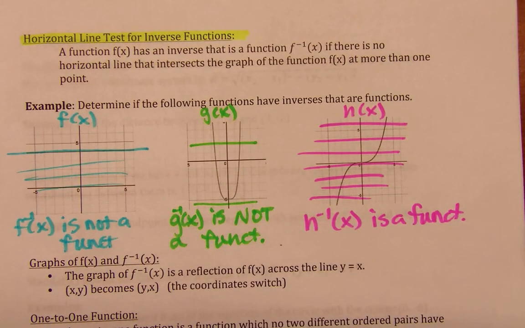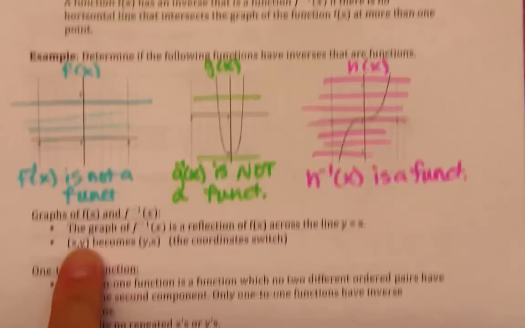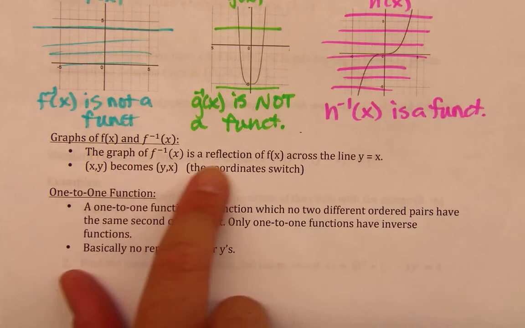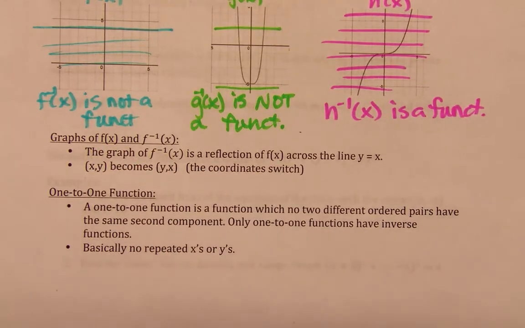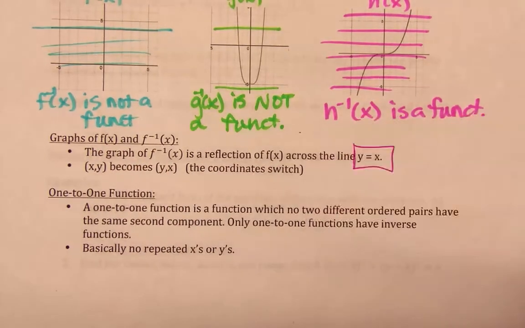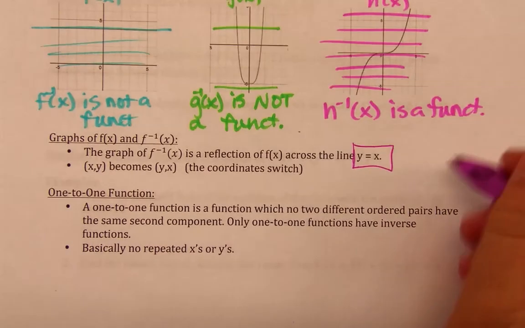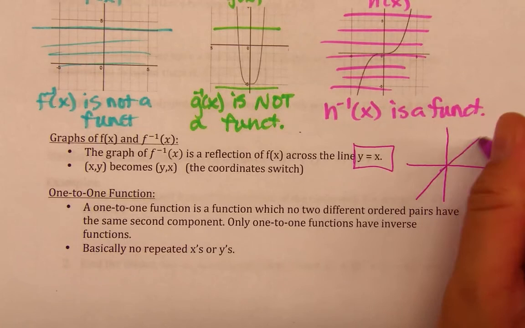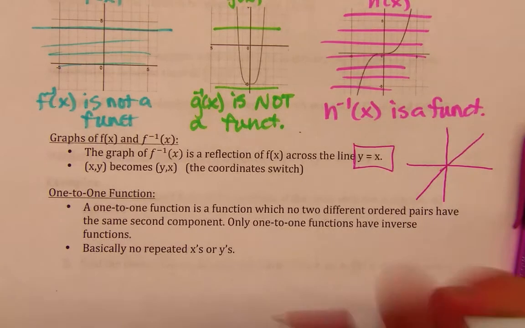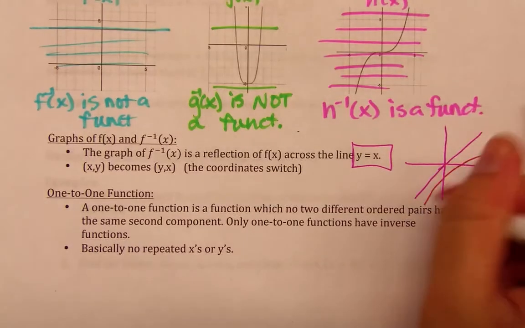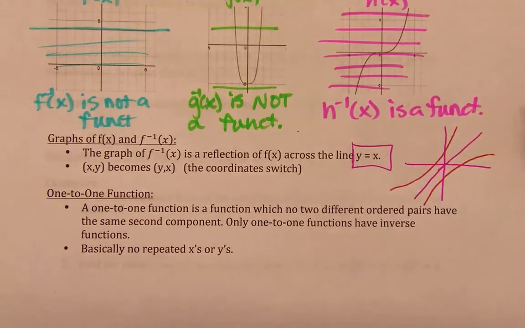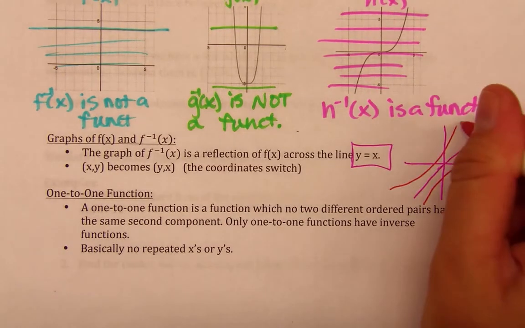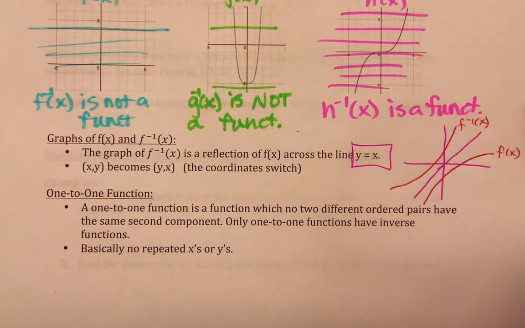Okay. Now there's a special relationship with these graphs. f of x and its inverse have a special reflection across the line y equals x. Okay, so if I have a coordinate plane and I have the line y equals x, these two functions would be the mirror image of one another. If this is f of x, this would be inverse f of x.